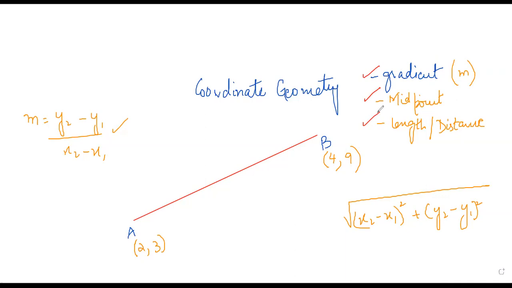It's 12 root 37, which is, I don't know. I think I did something wrong over there. Shall I do it? Yeah, do it for me, please.